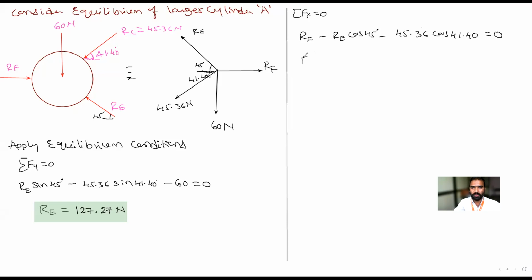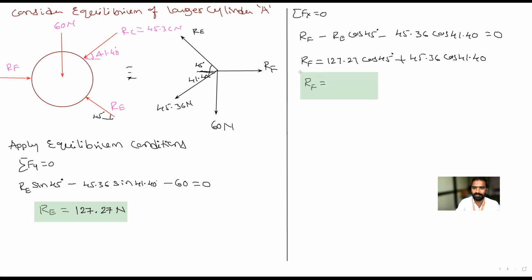Then substitute, I want to find out RF. So I'll transfer this to the right hand side. RE value is 127.27 cos 45, next plus 45.36 cos 41.40. So calculate the value of RF. 123.82.